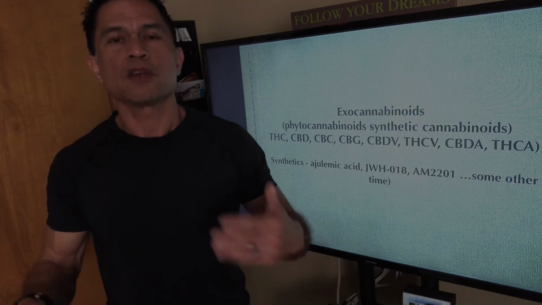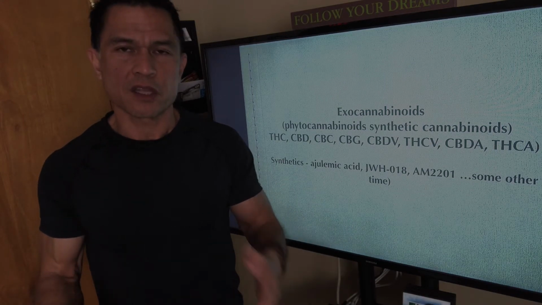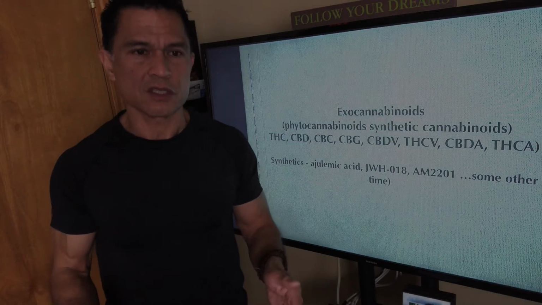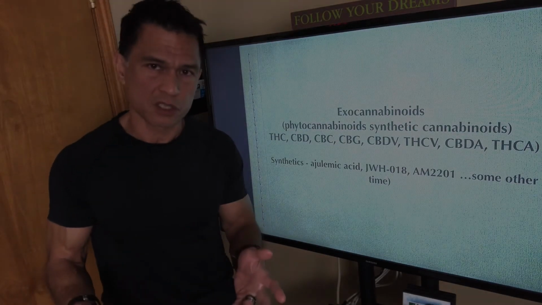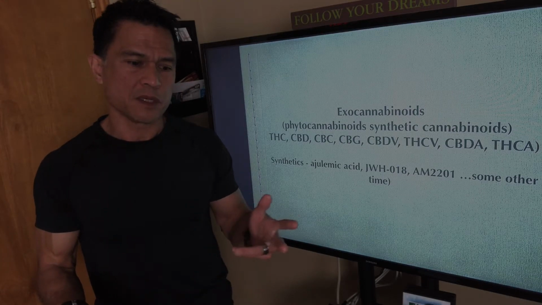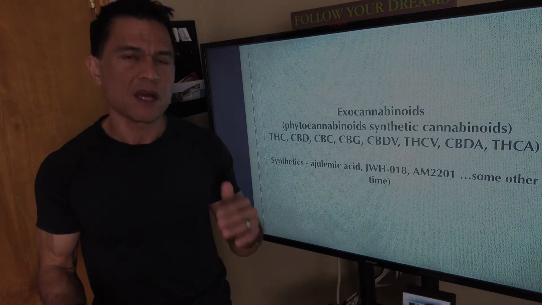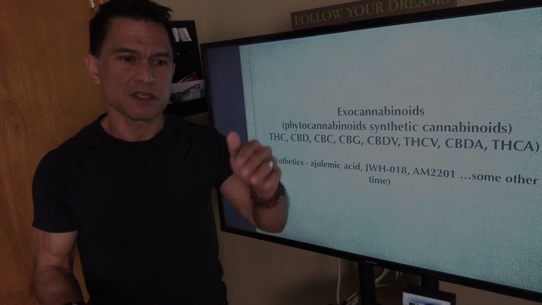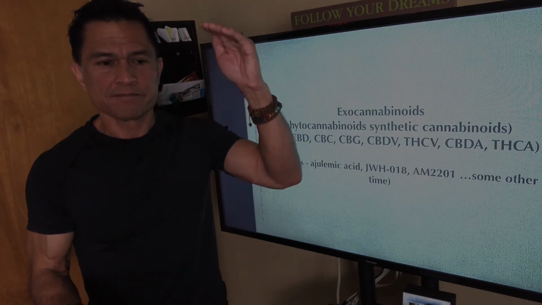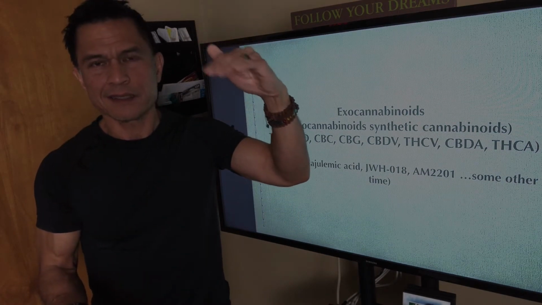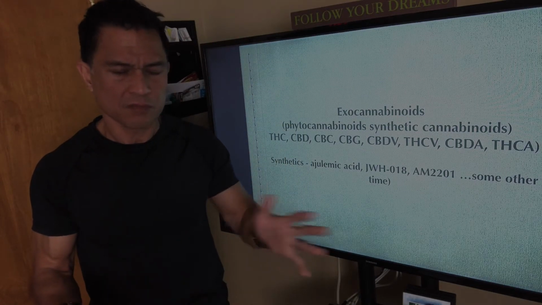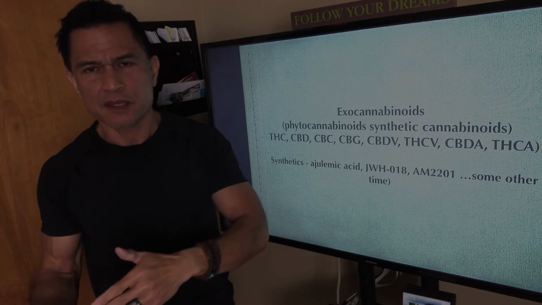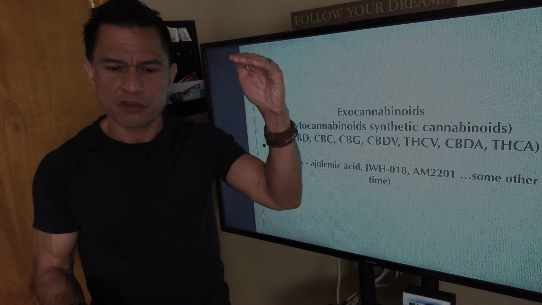And unfortunately, there's always going to be the statement that more research is needed. And yes, there's a lot of great information out of Israel because they've been doing this for a long time. The U.S. has been, I think, blockading the investment in studies because it's still, unfortunately, listed as illegal and useless and with high addictive potential. So it's kind of a dichotomy. We allow it at the state level, but we don't allow it at the Fed level.